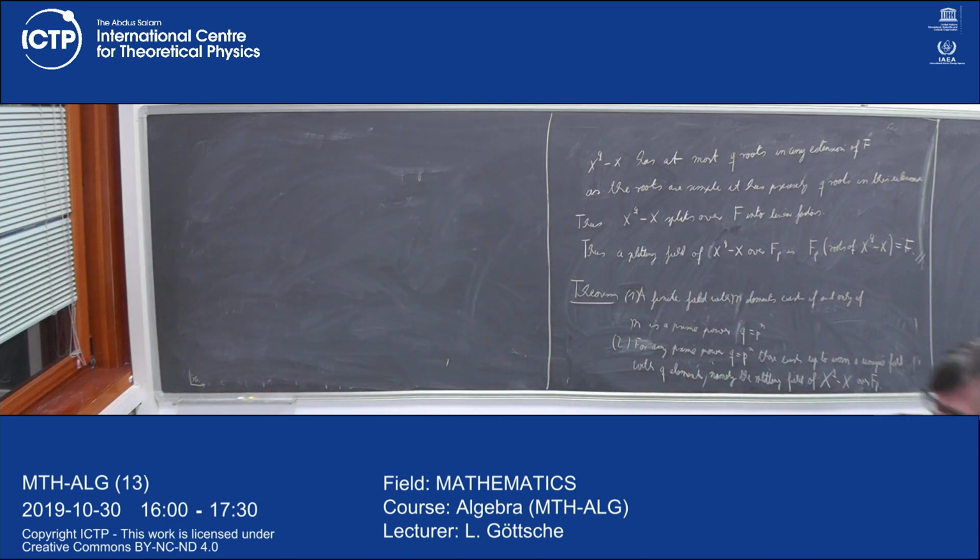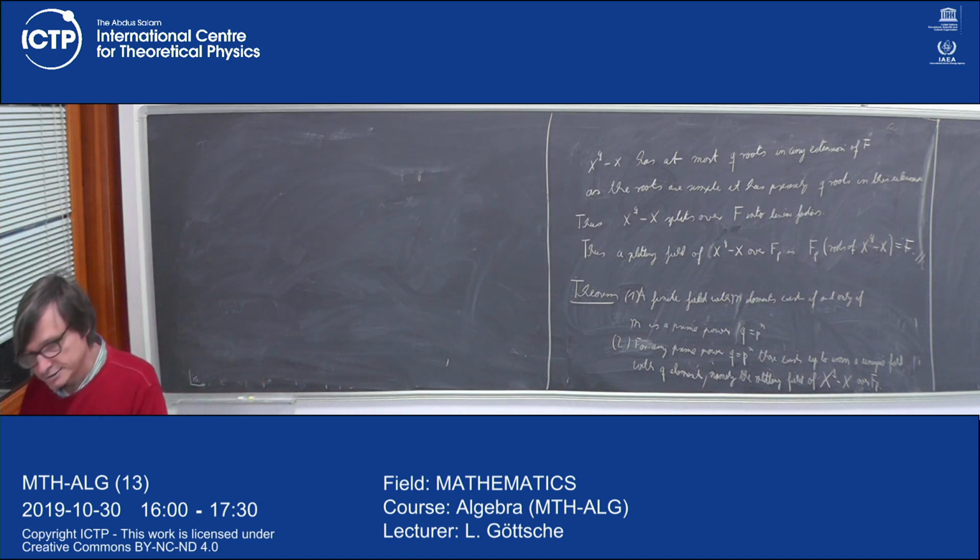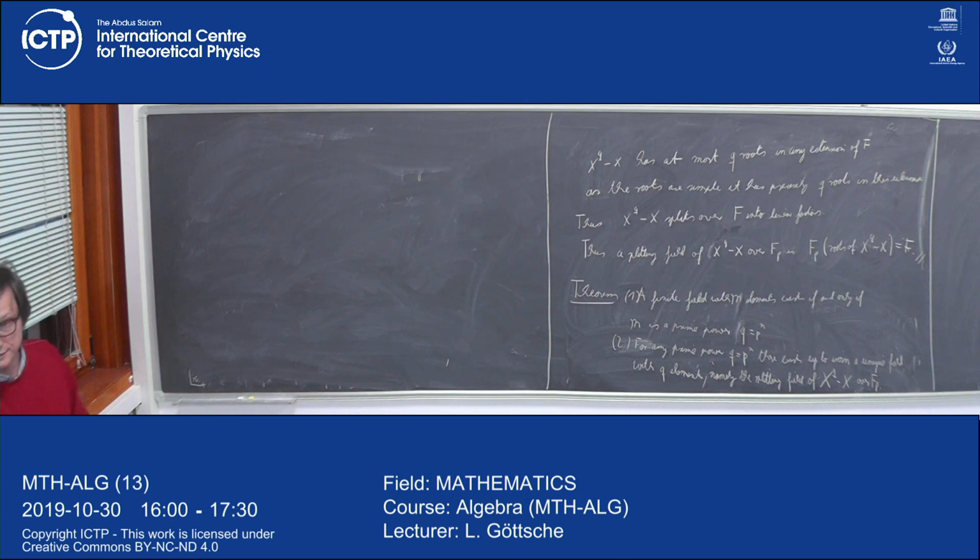And so I said that we are trying to do Galois theory, and that is to try to understand field extensions in terms of some groups which are associated to the field extension, which are called the Galois groups. And so I want to introduce the Galois groups.